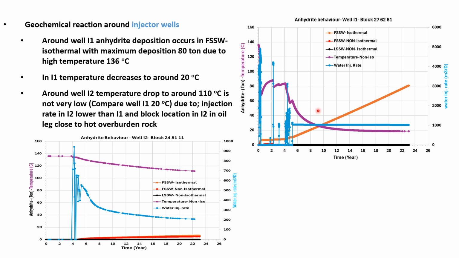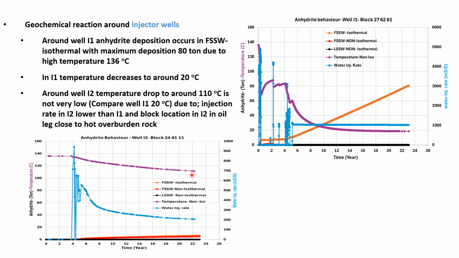In I1, again, temperature decreases from 1037.36 to about 20. While in well I2, we can see the temperature drop to just around 110.